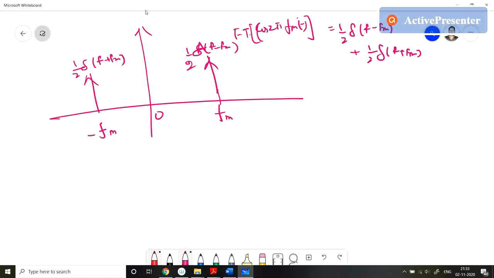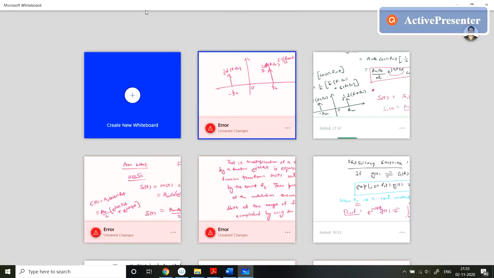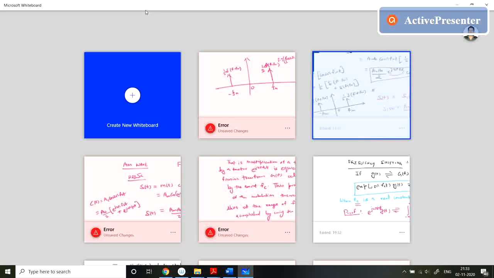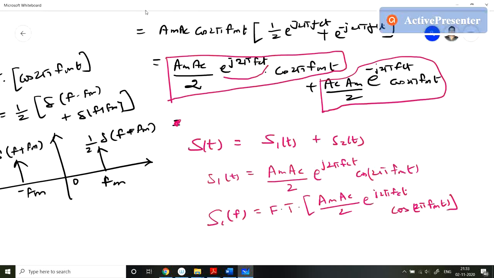Now we need to find the Fourier transform of Am Ac divided by 2 e raised to the power j2πfc t multiplied by cos 2πfm t. If we see the previous slide, this is what we need to find out.